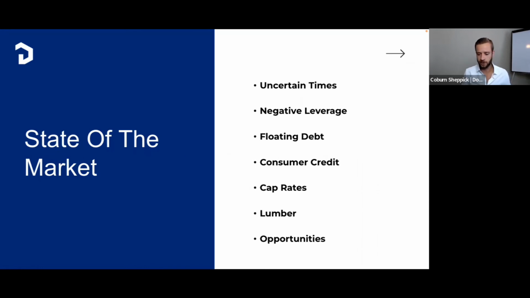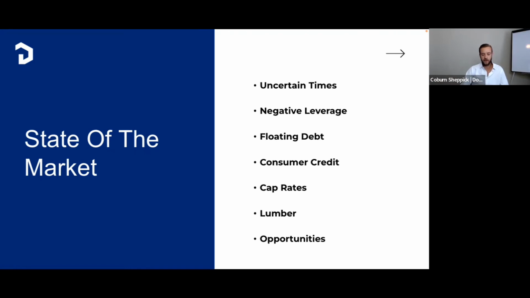And when negative leverage occurs, some operators have the ability and the cash balance to cover certain situations and get through that. But it can also be very ugly depending on the deal and depending on the operator, of course.